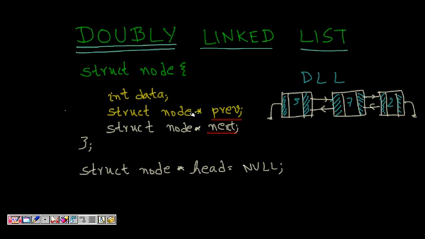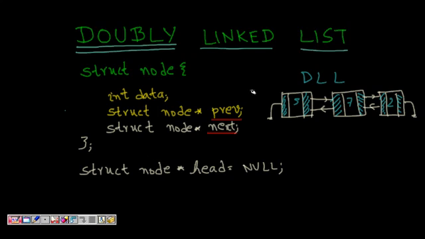So a node has data, then the address of the previous node and the address of the next node. It suggests that we can move both forward and backward in a doubly linked list.